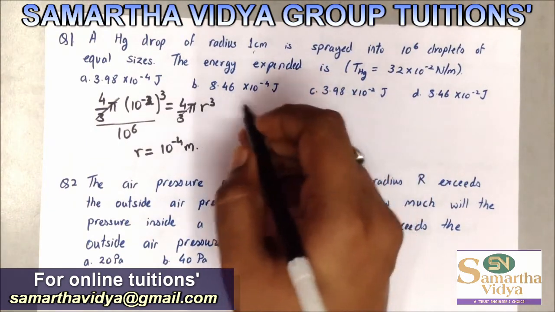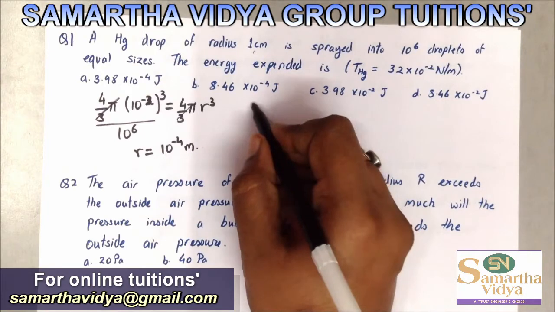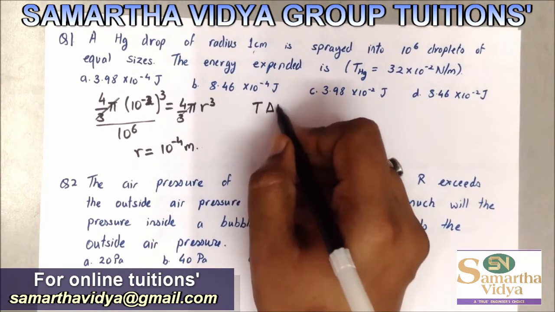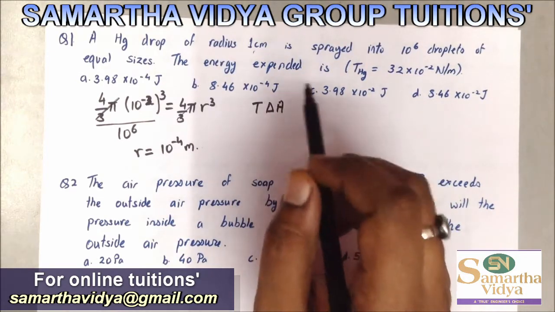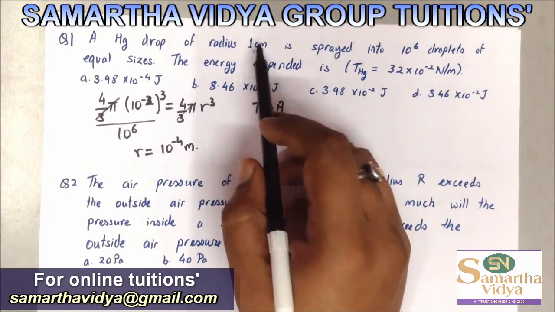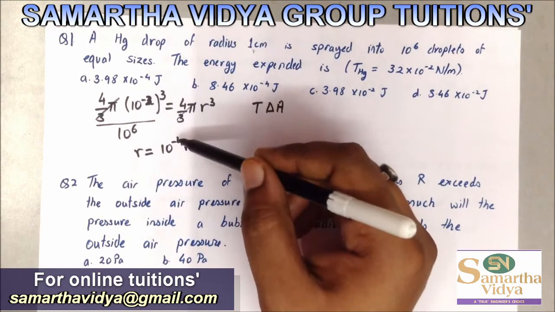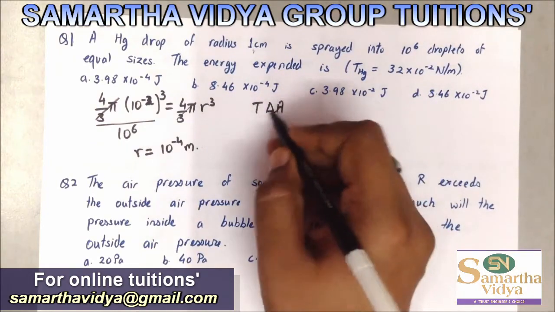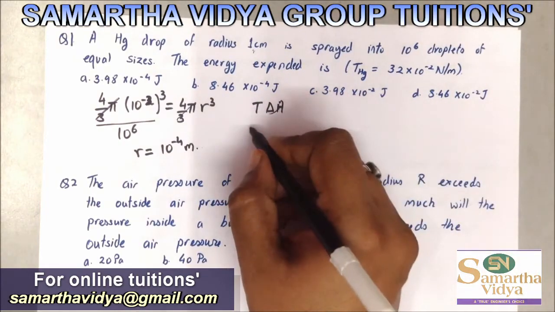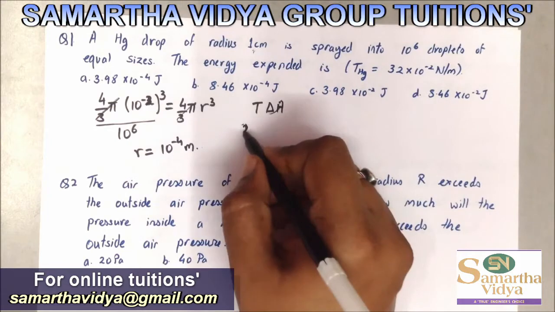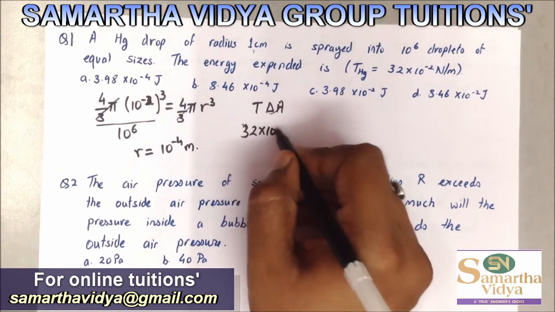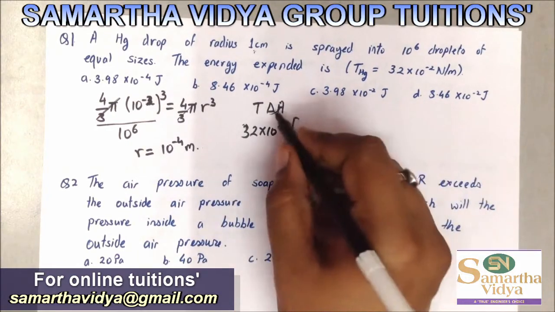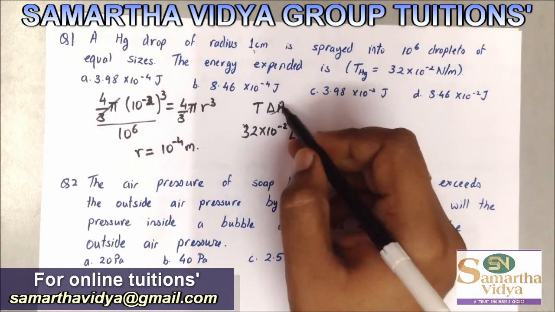Next we need to find the energy lost, that is the energy which is going to be required. So that energy is going to be nothing but the tension into the change in area. So the original area is 4 pi r square, where r is 1 centimeter, and the new is going to be 10 raised to minus 4, into 10 raised to 6 droplets. So let us find the change in area. So tension, we know it is given to us as 32 into 10 raised to minus 2, and we have to find the change in area.